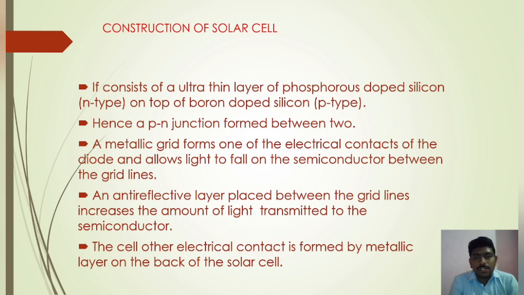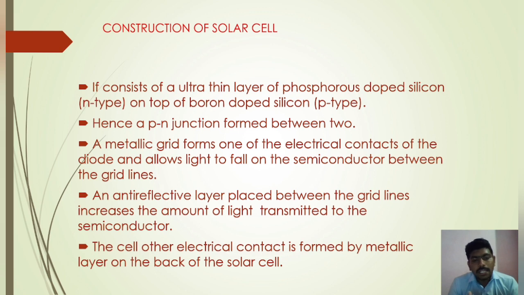In this construction, we use a silicon crystal. When we add pentavalent impurities to the silicon crystal, an n-type semiconductor is formed, and when trivalent impurities are added to the silicon crystal, a p-type semiconductor is formed. Hence a junction is formed between the p-type and n-type semiconductors.